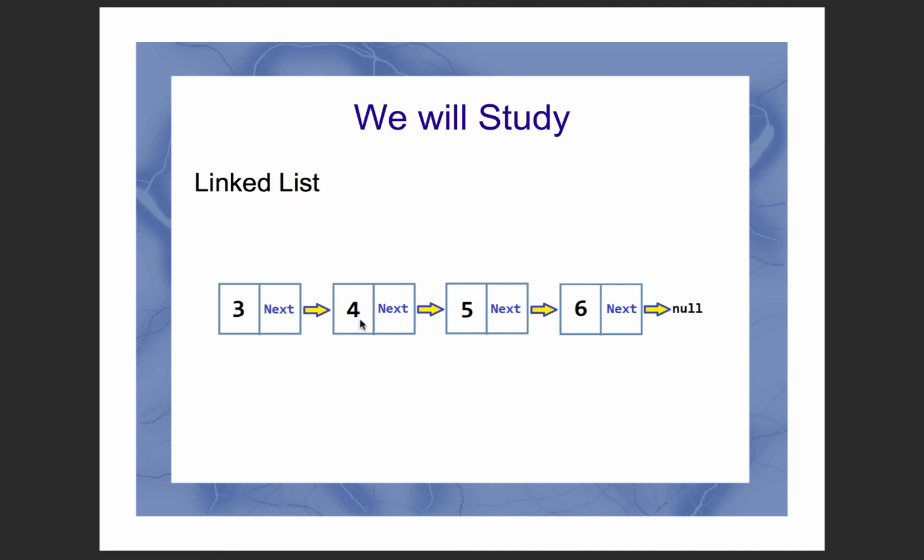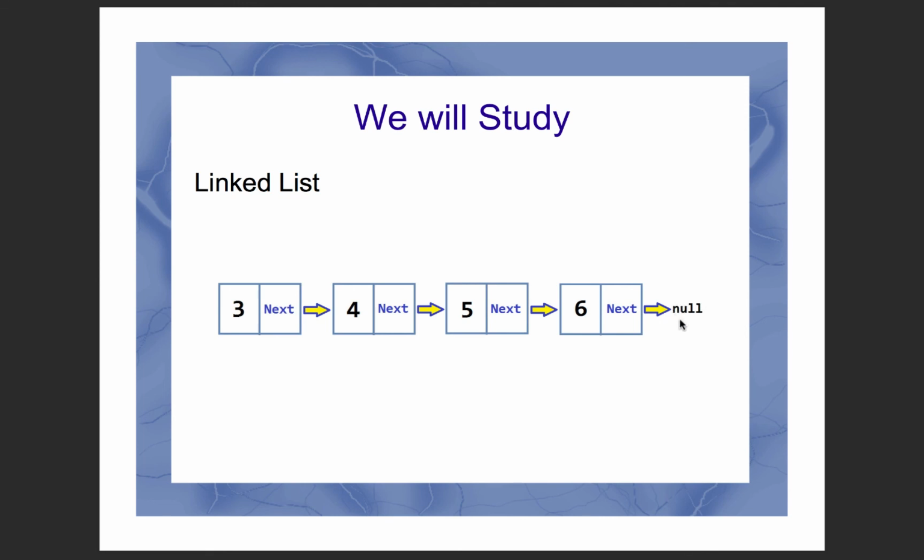We'll talk about it in detail in this course, but for now we are giving some introductions. A linked list is a kind of list that can keep several data, and this is the structure of a linked list. A linked list has several nodes, and each node contains two pieces of information. One is data, and the other is the address of the next node. You can see that the last node is pointing to null.